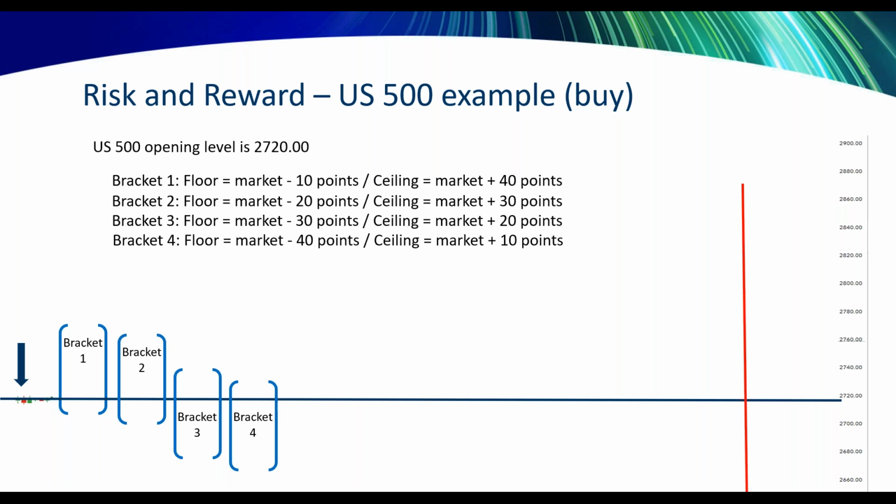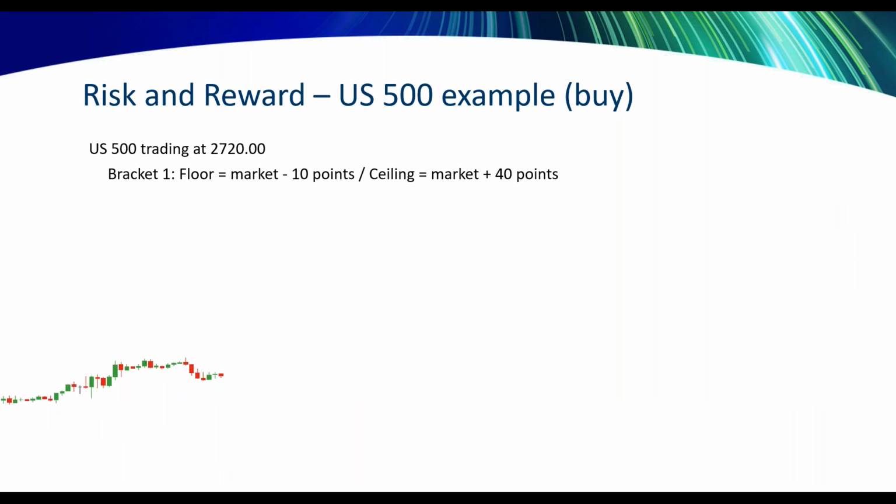Let's assume you think the US 500, the S&P 500, is going higher. You might choose to pick bracket 1. Why is that? On bracket 1, I'm buying, and if I'm wrong, it's going to have the smallest amount of risk and the greatest amount of reward.